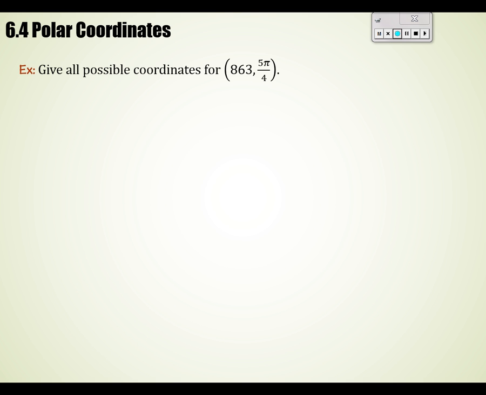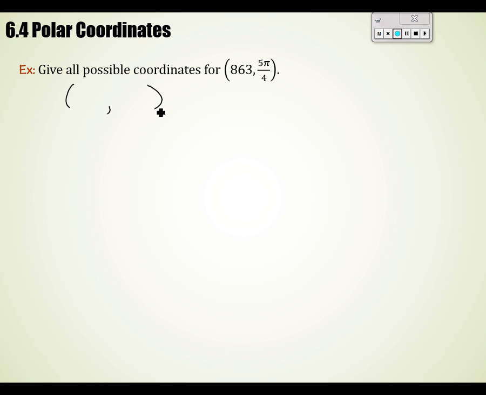So how about we do this for this value here? 863, comma 5 pi over 4. Give all possible coordinates. Let's see here. So let's do it in the way that we've just been doing it. Let's ask a simpler question first. Can you name even one other coordinate?